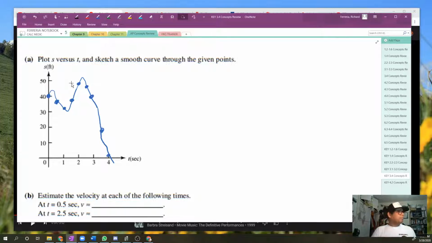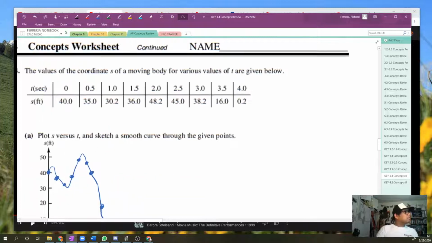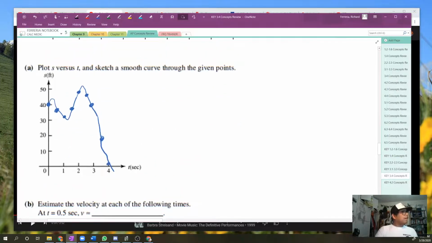So the first one, estimate the velocity at t equals 0.5. So remember that the velocity at any place is the derivative of position.